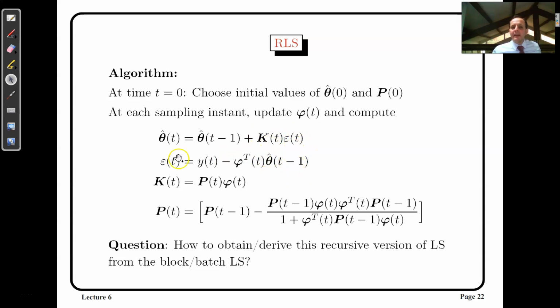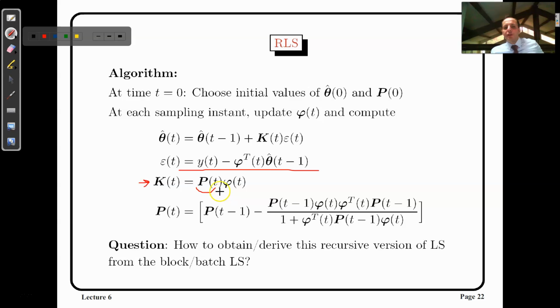The first one represents the model reality mismatch, which is represented by this equation, and the second factor depends on two other terms. The joint effect of the noise and the model accuracy, and here we have the effect of the input.